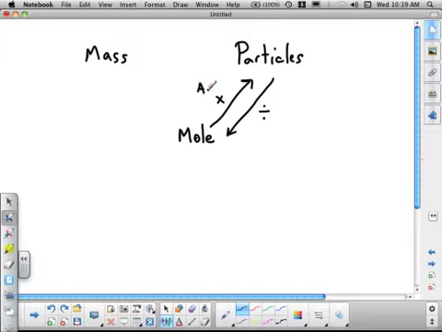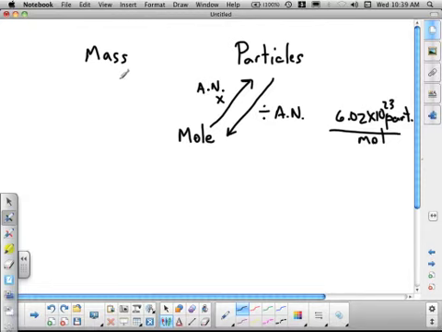So I'm going to put Avogadro's number, okay, and we'll write it off to the side. 6.02 times 10 to the 23rd particles per mole. All right. Going back and forth between our central unit and mass, we are going to use the periodic table, the PT.